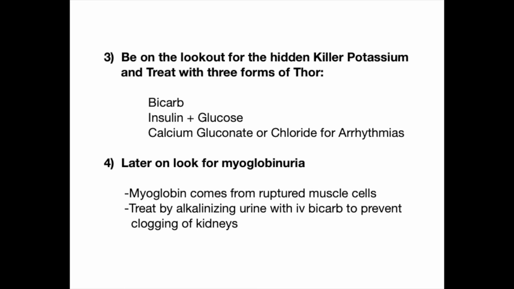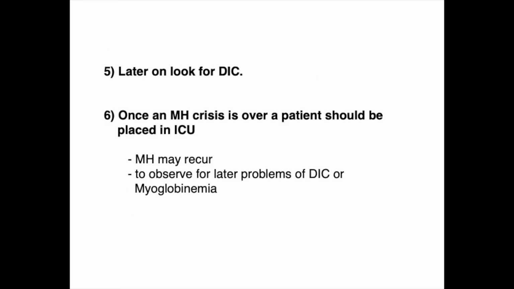The myoglobin comes from the ruptured muscle cells during the violent malignant hyperthermia crisis. We treat this by alkalinizing the urine with intravenous bicarb to prevent the clogging of the kidneys. Malignant hyperthermia patients may also develop DIC, a problem with excessive bleeding.